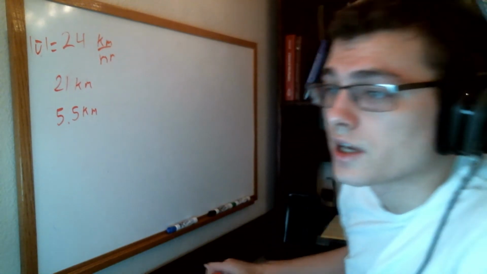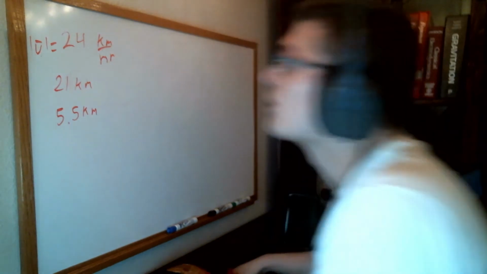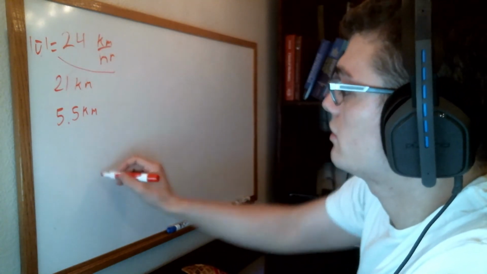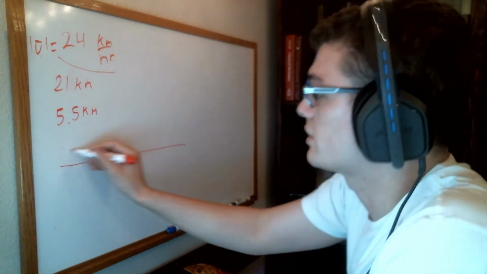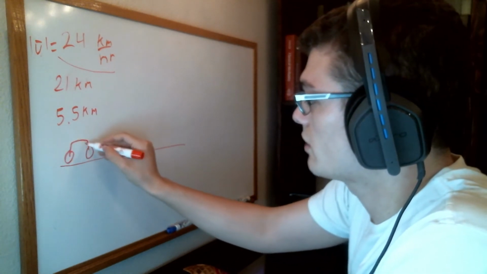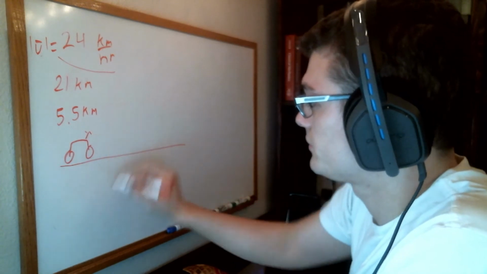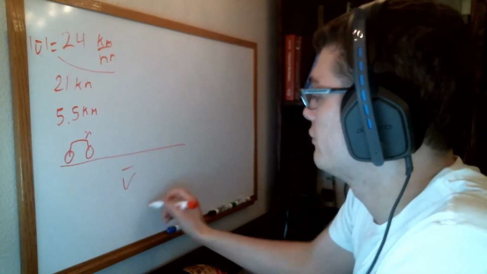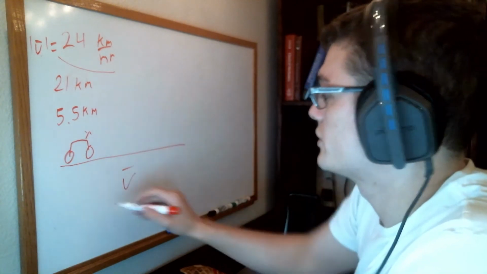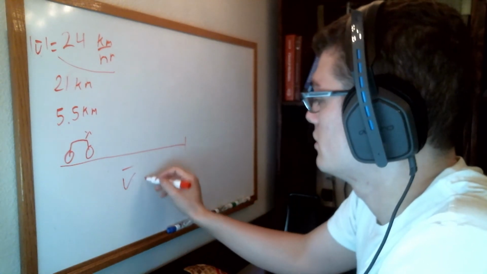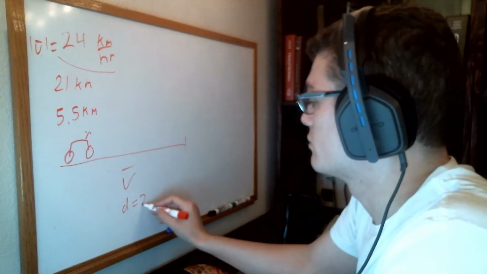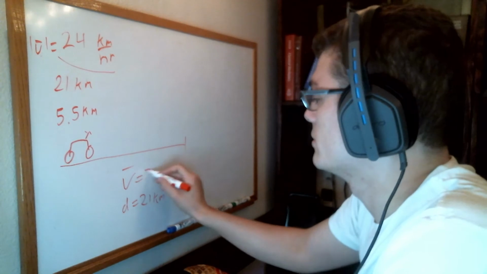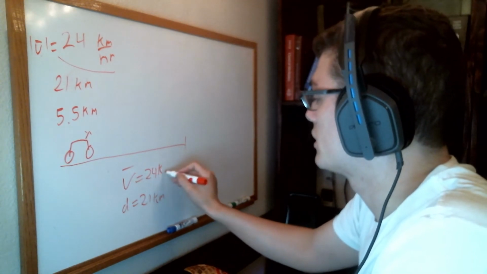So we have this is our bike component. Let's draw this out. We've got our bike here, and we take this at v bar for this distance, which is going to be a distance d, which is 21 kilometers, and v bar is going to be 24 kilometers per hour.